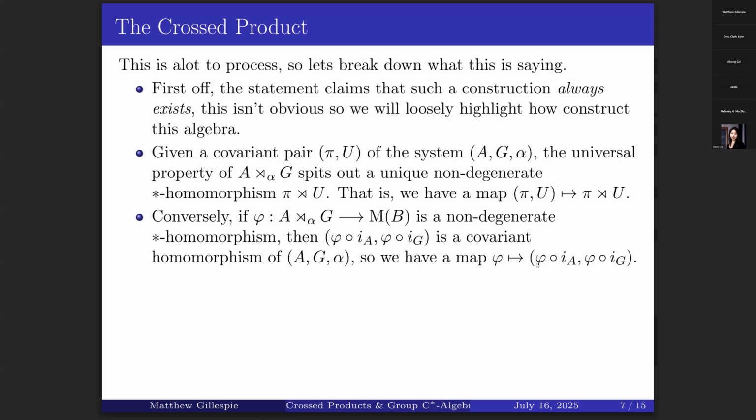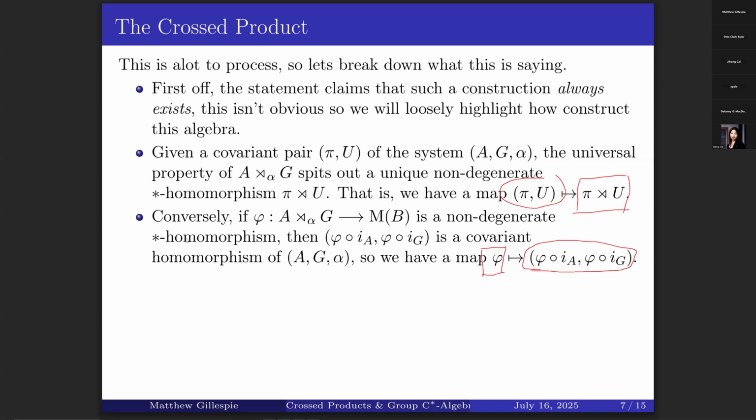Together, then, I have a map that takes a covariant homomorphism of the system and sends it to a representation of the cross product. And given any representation of the cross product, I get a covariant homomorphism of the system.